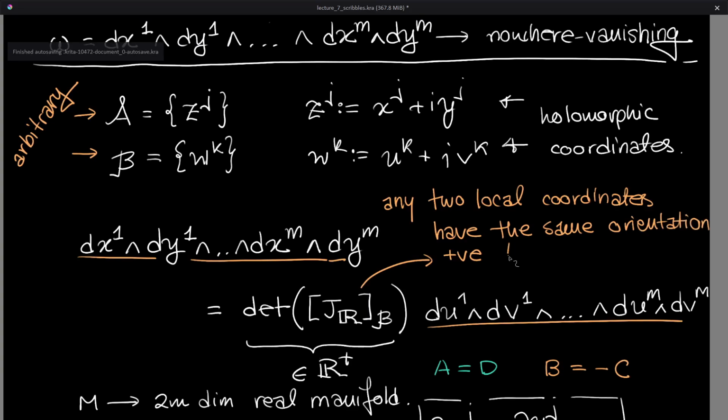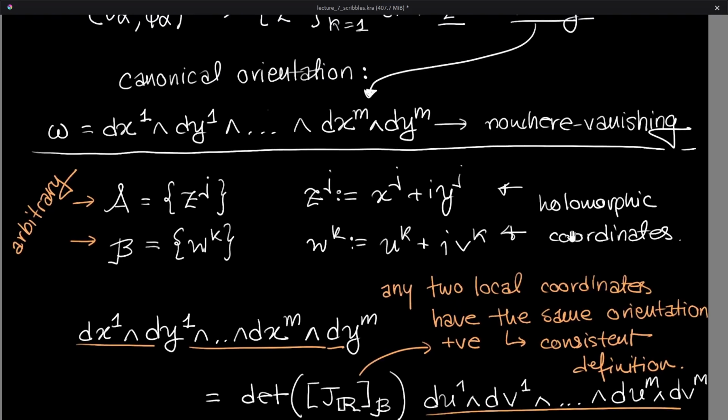And so that means that we have a consistent definition. It's well defined. Consistent definition, as required by our definition of orientation on the manifold.